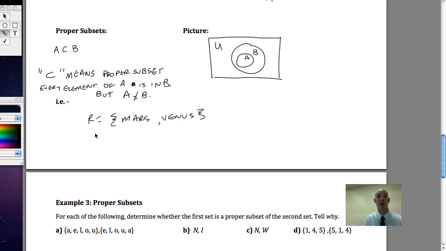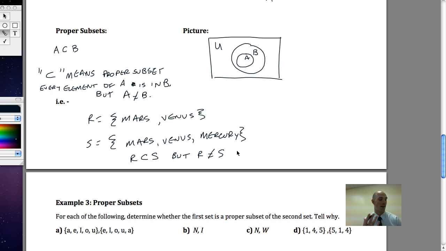So those are the elements of R. The elements of S are Mars, Venus, and Mercury. So what I would say is R is a subset, proper subset, of S, but R is not equal to S. They are not the same. So that's how this works. They're not the same, so it's a proper subset.